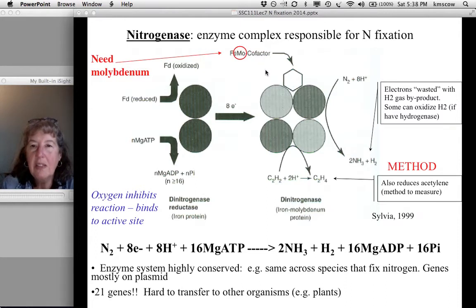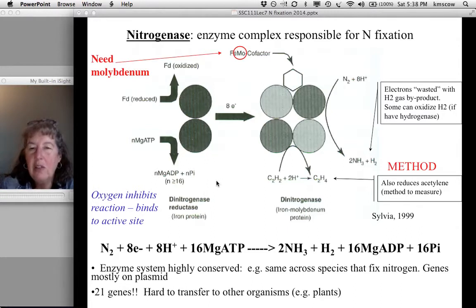So what happens is that the N2 is taken up into the nitrogenase complex, which readies itself for this reaction by consuming quite a bit of ATP, which is needed to essentially break that triple bond. It takes a lot of energy to crack that thing open.